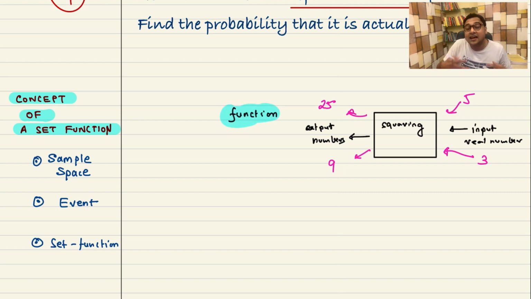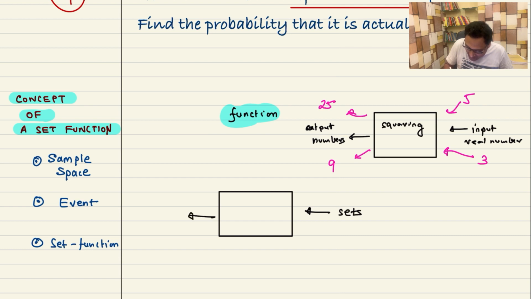Probability is a type of function where the inputs are actually sets. They are sets, and the outputs are again numbers. In fact, in the case of probability, the output numbers are always between 0 and 1. That's how this function is designed.